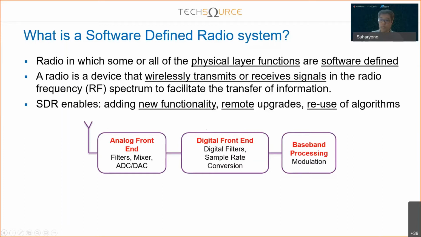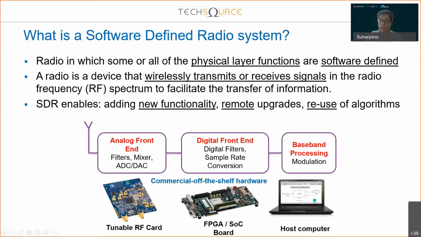In the middle portion is the digital front end, which is responsible for high-rate digital signal processing, like a DDC or digital up converter. And then on the right side is your baseband processing, which connects to your local desktop or your simulation part.